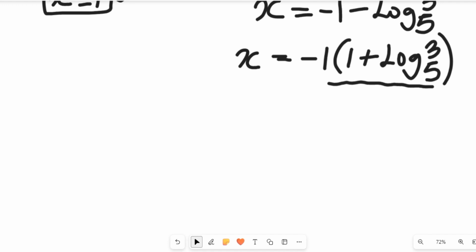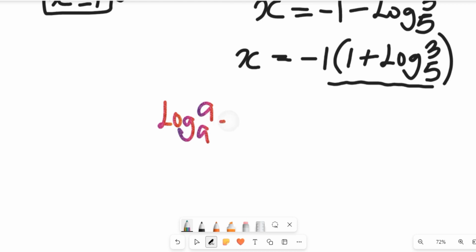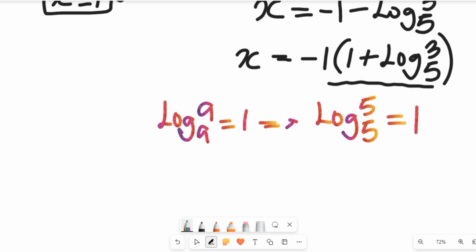But we can still simplify it further. I want you to recall the law of logarithm that the log of a base a is equal to 1. So that simply tells us that the log of 5 base 5 can be replaced with 1.